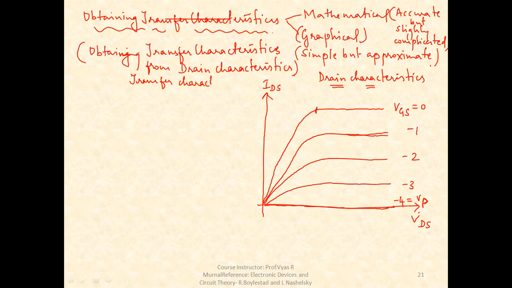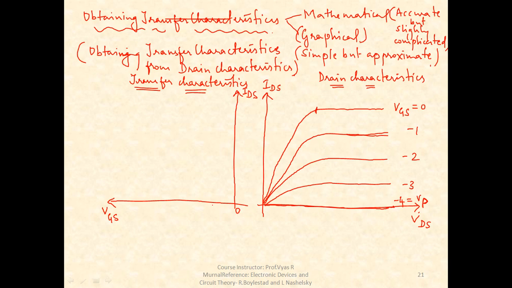The transfer characteristics is always a graph of output current versus the input voltage. So let me draw it and represent the axes first. The vertical axis is the same, IDS. What about the horizontal axis? It is the input voltage, VGS.